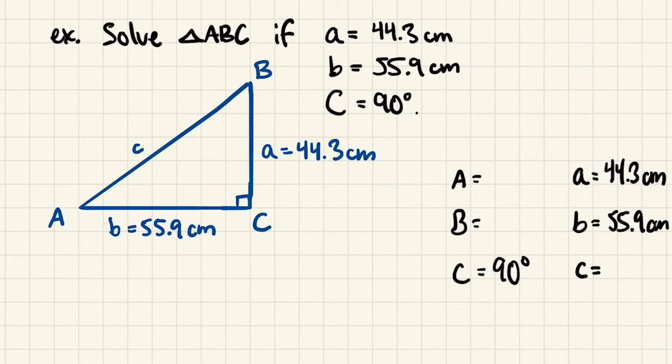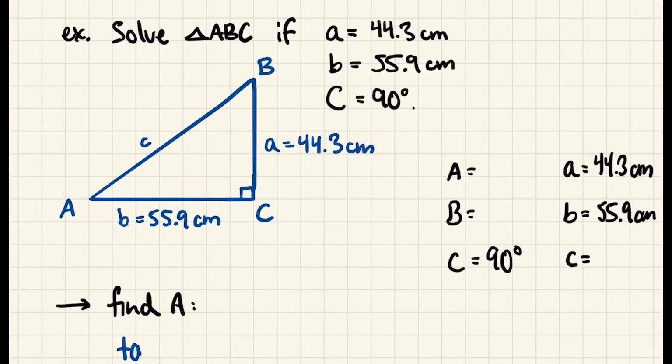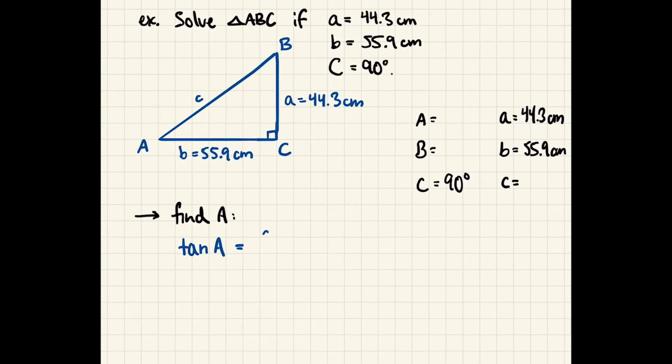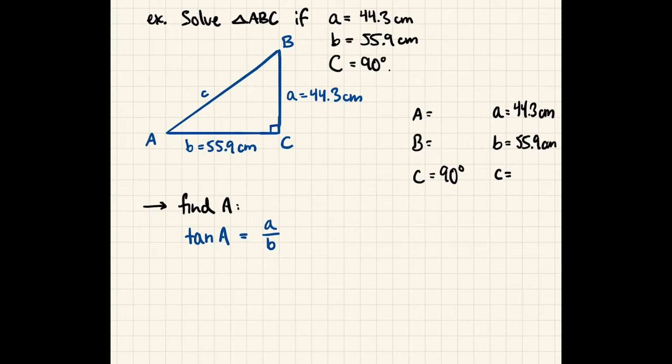Well, it looks like tangent of A is little a divided by little b, and we're given all of that, so we can use that to figure out what capital A is. So tangent of capital A is little a over little b, that's opposite over adjacent, and therefore angle A is the inverse tangent of little a over little b.